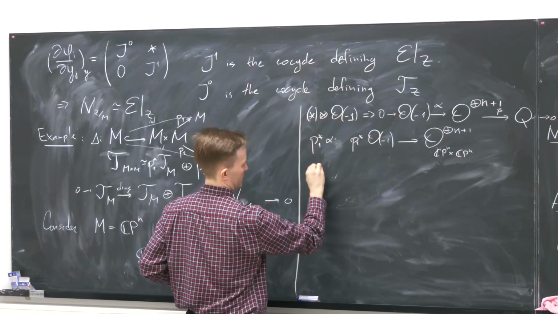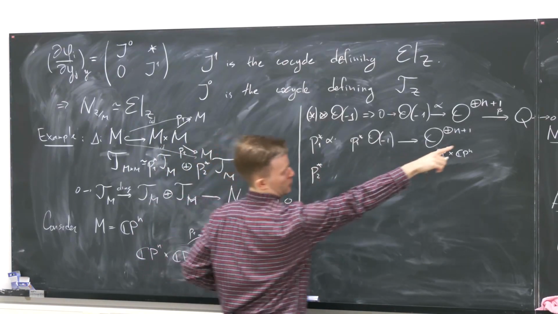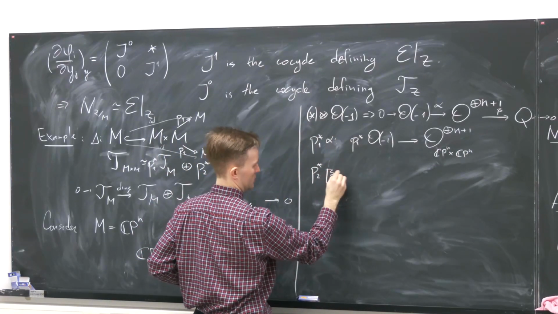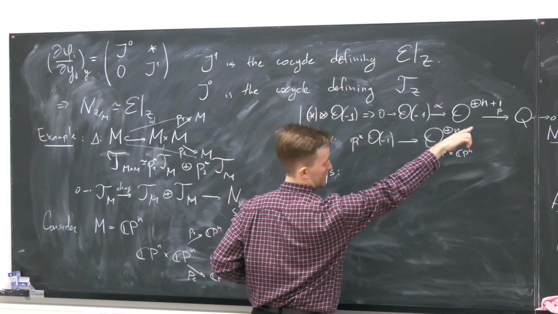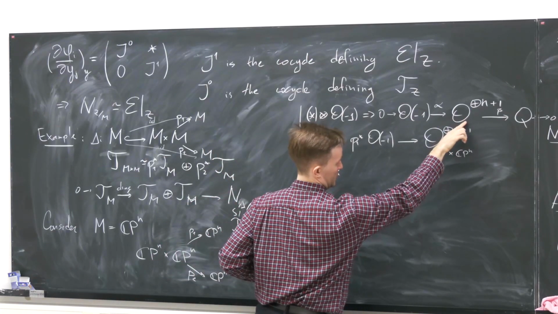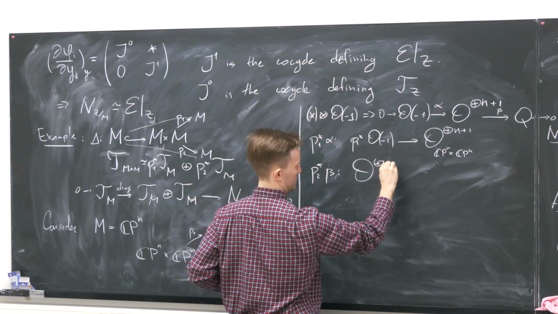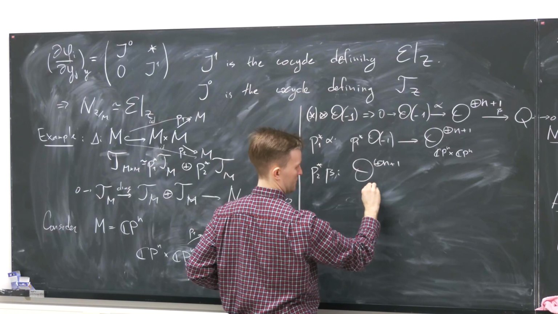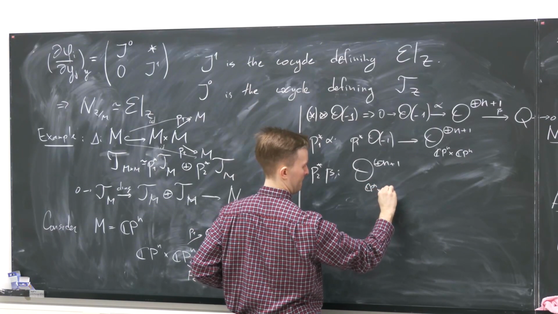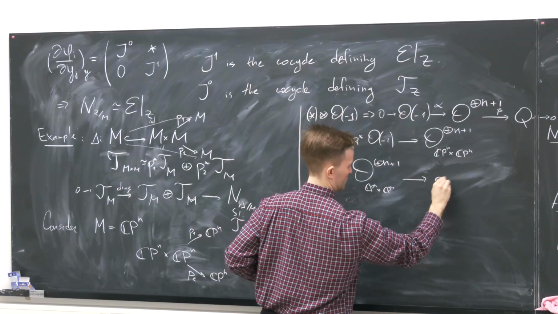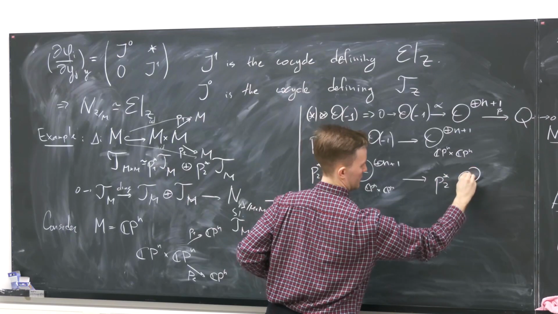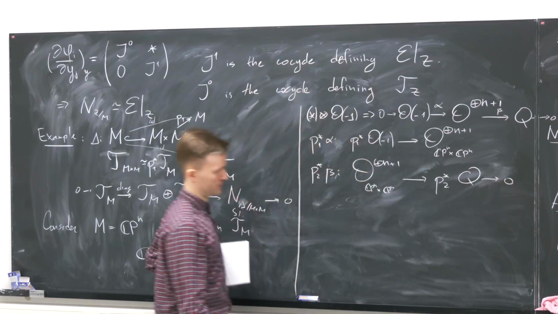And if I pull back the second morphism beta via P2, then I again get this structure sheaf, well, several copies. And this goes to the pullback of the quotient via P2.